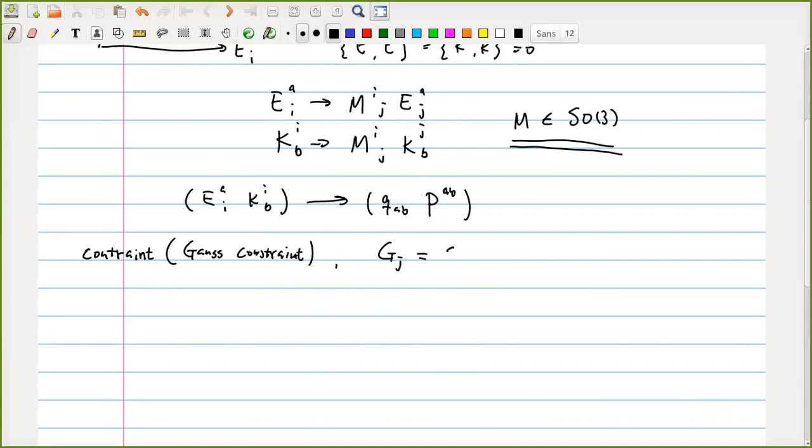So this Gauss constraint I will call G_j. It is given by epsilon_jkl K_a^k E^a_l, where the a indices are contracted and k, l are summed with epsilon_jkl. You can plug in the definition of the densitized triad, so you find this is just the determinant of q times epsilon_jkl K_a^k e^a_l.